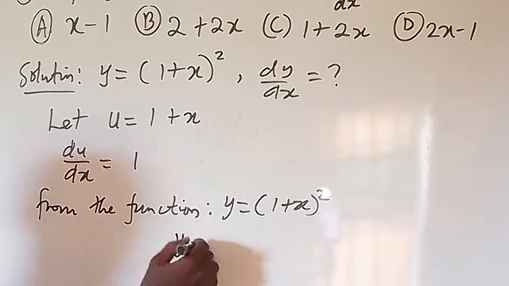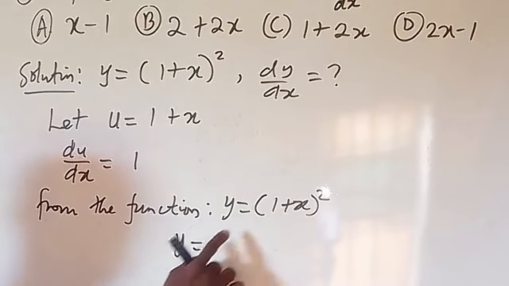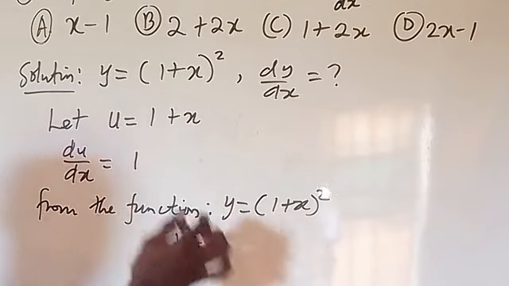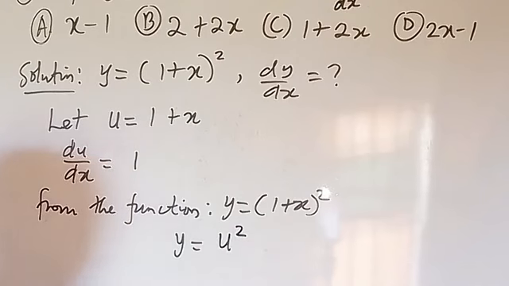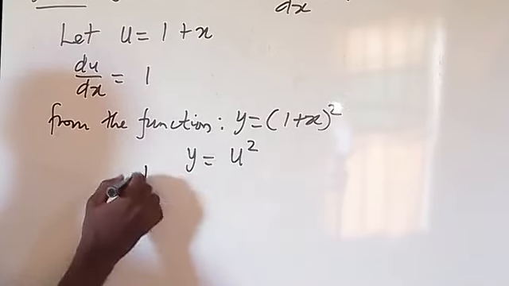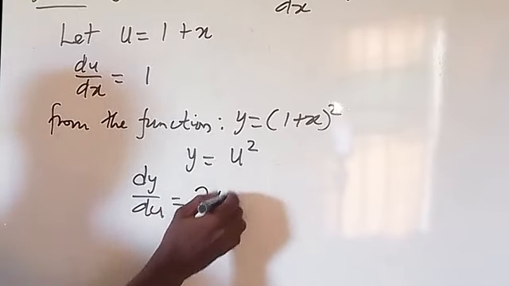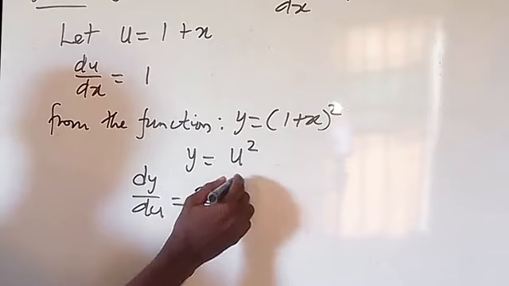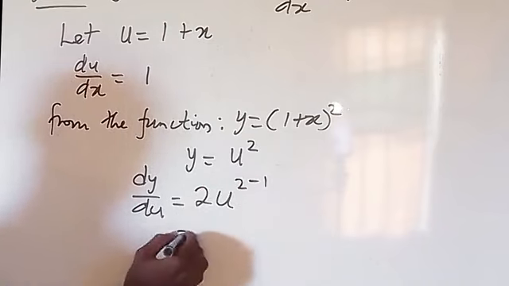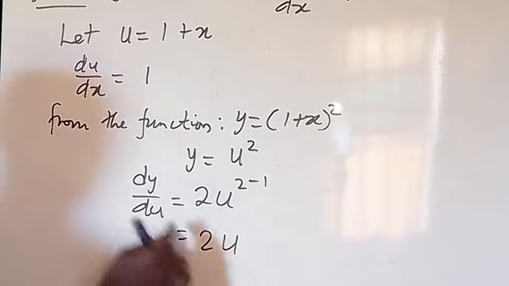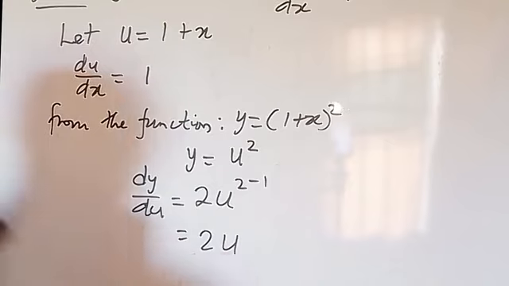So we can see that 1 plus x is replaced by u, and we're going to have u squared. Then we are going to differentiate y with respect to u. So dy/du equals 2u to the power 2 minus 1, and that leads us to 2u. So we have dy/du to be 2u.